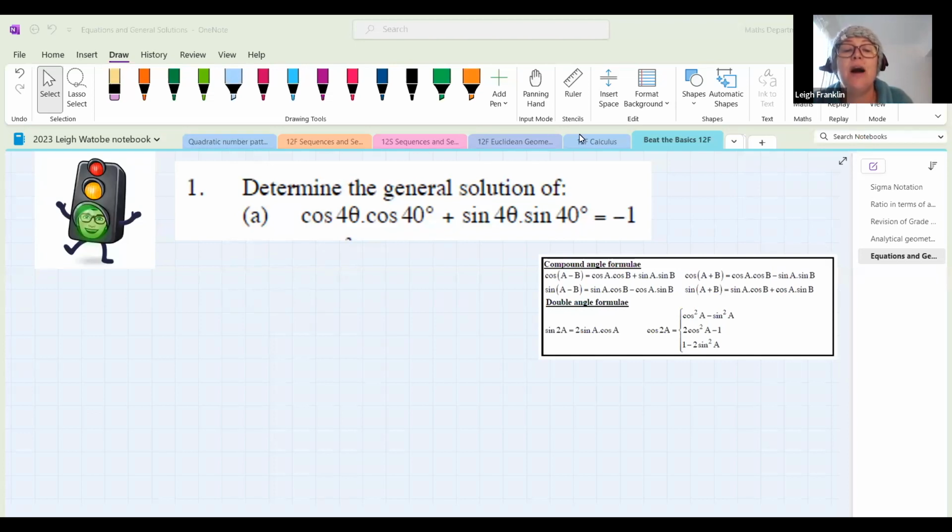Tuesday evening, I tried to, I think unsuccessfully, hope I'm wrong, explain to you guys what it is that you're trying to do when they get you to determine a general solution, so that you're not just working in the dark, you're working with some understanding of what it is that you are doing. I think some of us were quite confused, and I think for others, hopefully a light bulb went off.